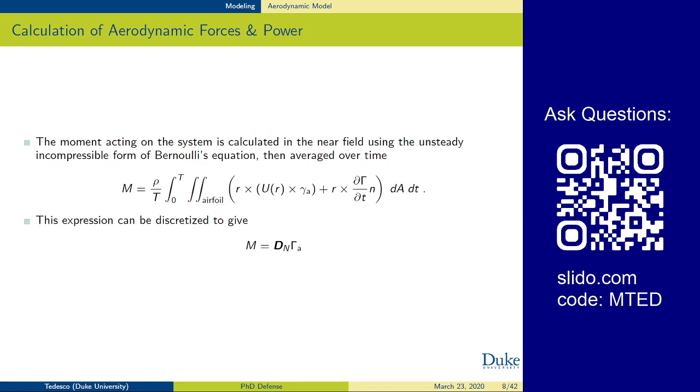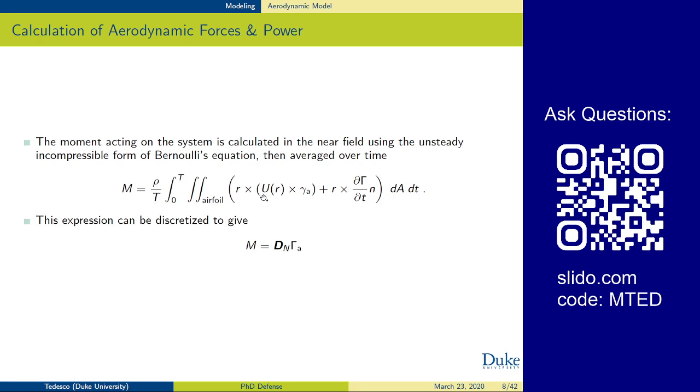Now, when it comes to the moment, we have also discussed this a little bit in the past. We actually need to switch to using a near field approach in order to calculate accurate results. And so in order to do that, we're going to use the unsteady incompressible form of Bernoulli's equation and average it over time. So what this ends up looking like is this integral right here. We notice that now we're doing an integration over the airfoil, not the wake.